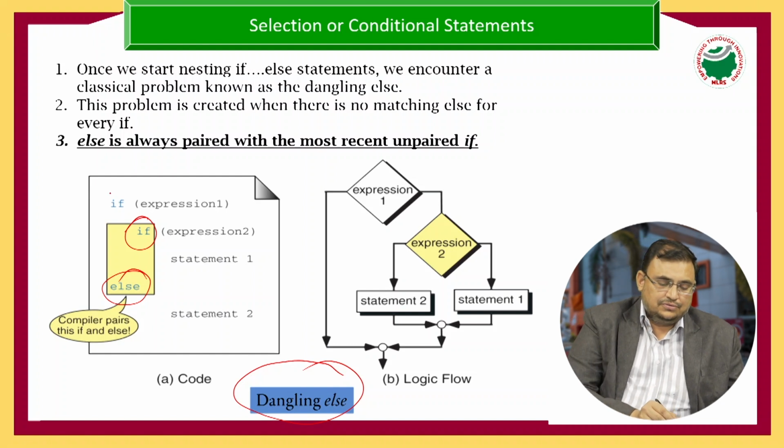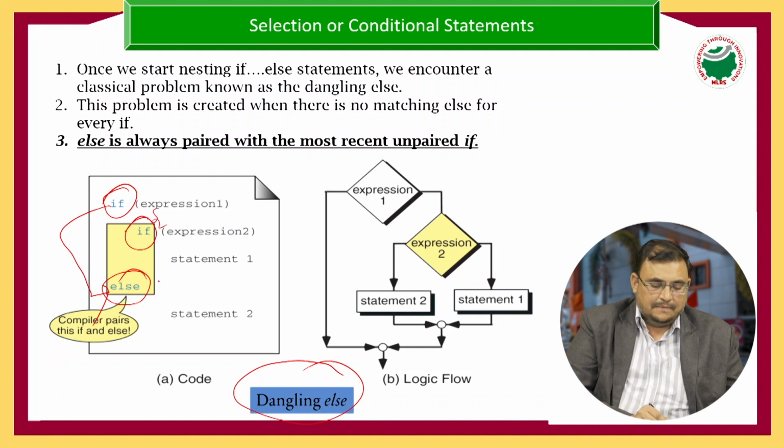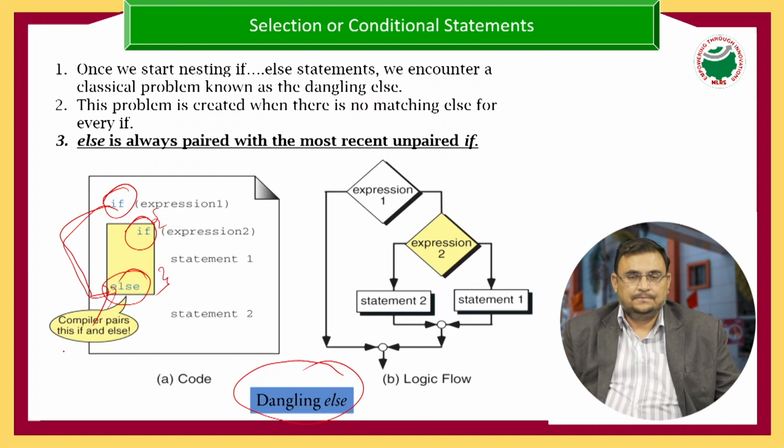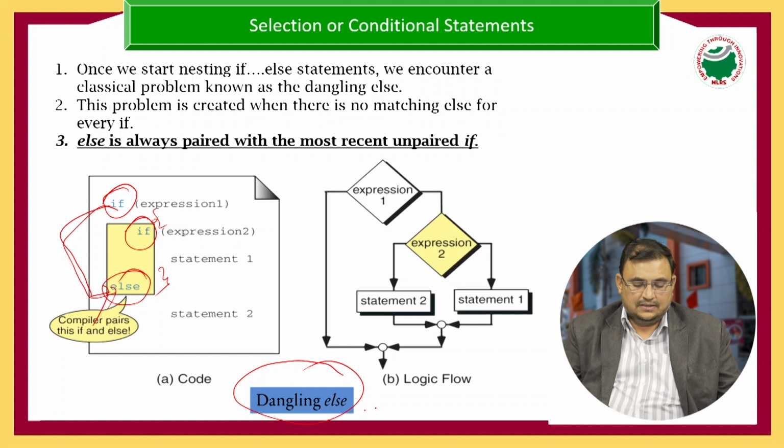Sometimes you need to use else for a different if, so then you must enclose it in braces. Then only is that if matched with this else. If you are not careful, the dangling else problem will occur.